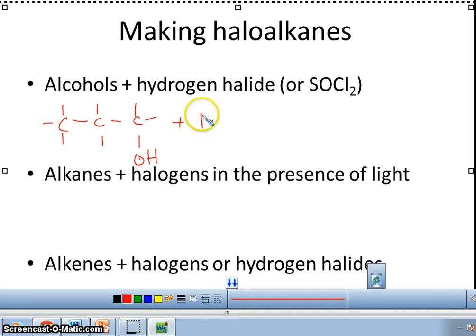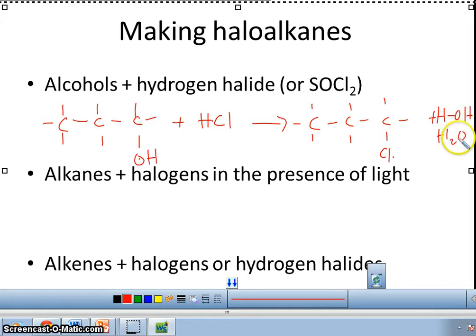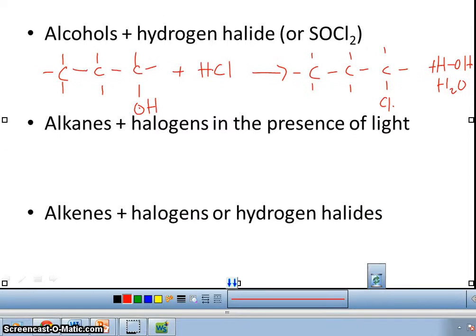Alcohols plus HCl will go, and this will be a substitution reaction. So I'll end up with the chloroalkane, Cl, plus HOH, which is commonly known as H2O, or water. Cool, so that's that one.